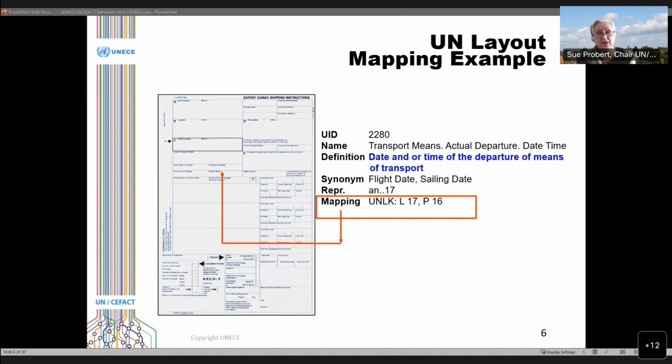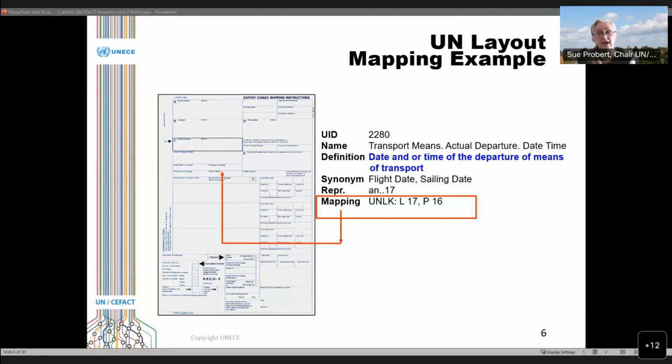And to support that, we had a UN Trade Data Element Directory standard, which was introduced first in 1990. And that is also an ISO standard, which is the ISO standard 7372. This defines not only the name, the unique ID, which is a meaningful ID, by the way, not to have time for that today, but it is meaningful.